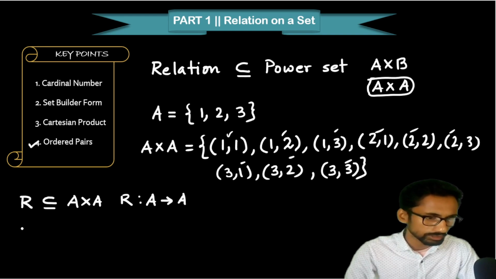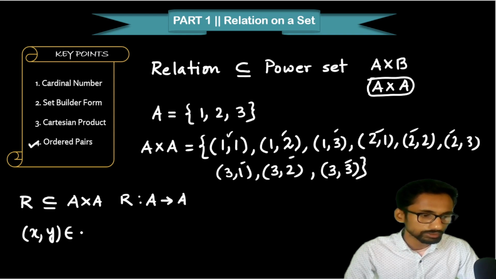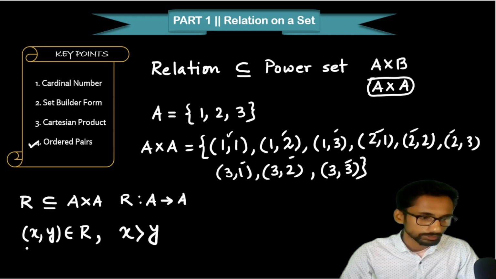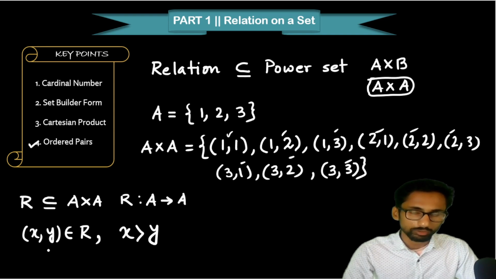So for example, let us consider the relation defined by x comma y belongs to R if x is greater than y. Okay, so x comma y, any general ordered pair will be an element of the relation R if x is greater than y, or the first term of the ordered pair is greater than the second term.